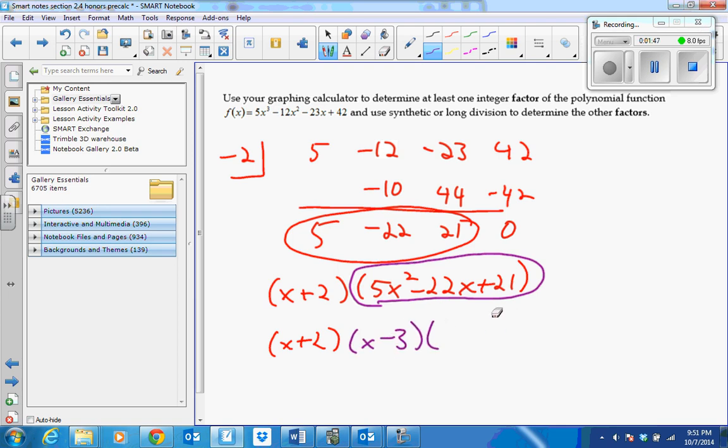And so if that's a factor of the circled trinomial, then the other part of the factor must be 5x minus 7. And if you were to FOIL that purple part right here, these two purple binomials, you would get that. And so this is f of x fully factored.